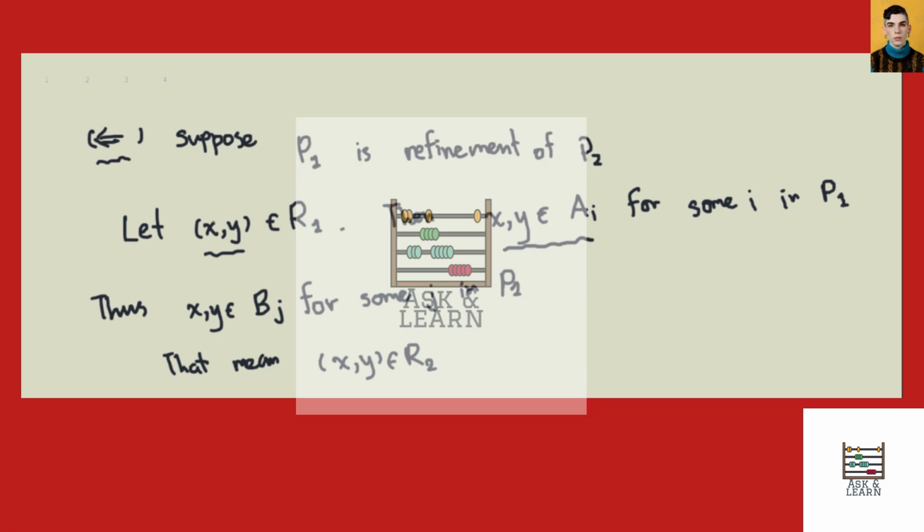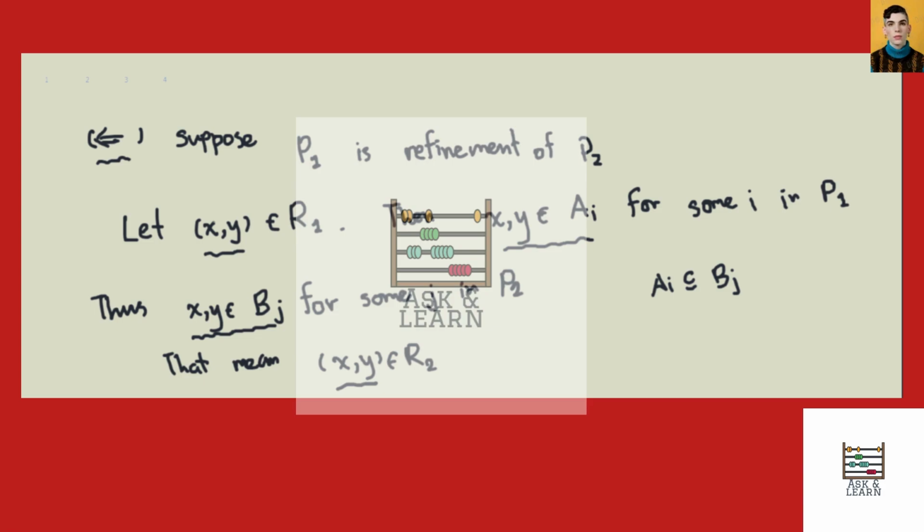Okay, but since P1 is a refinement of P2, it means x and y are also in some set Bj as well, because we must have Ai as a subset of some Bj. So we look at that Bj: x and y are in the same equivalence class under R2, so they are related. That is what we get.